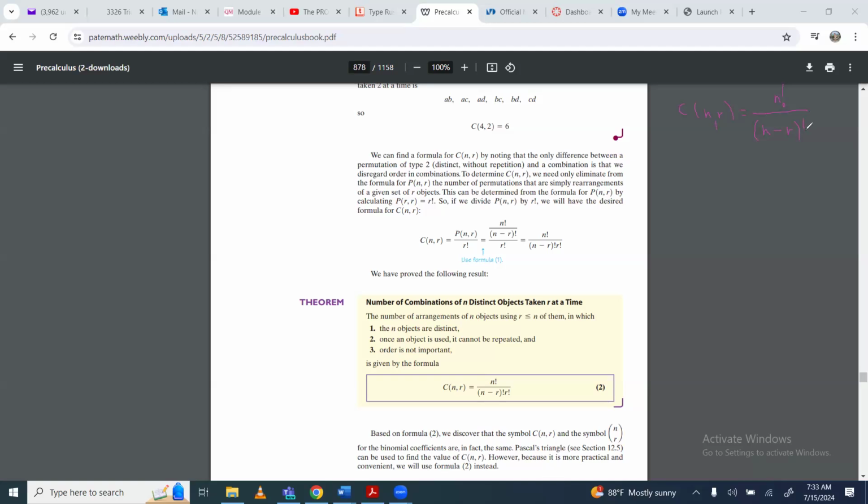But when killing all the possible permutations comes into play, we use this extra r factorial in its denominator. So that's how the so-called combinations are produced. And the key idea: we didn't care about the order of elements that we select.